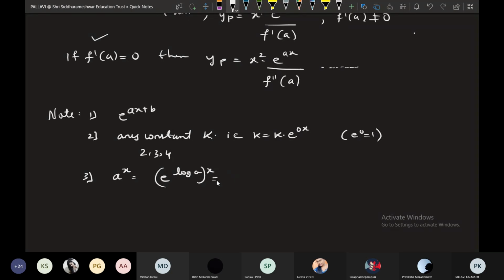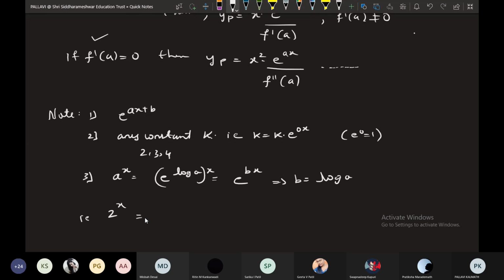So this will come in the form of e raised to bx. What is the value of b? Log a. This is a basic property of the exponential function and the logarithmic function. Suppose it is 2 raised to x.